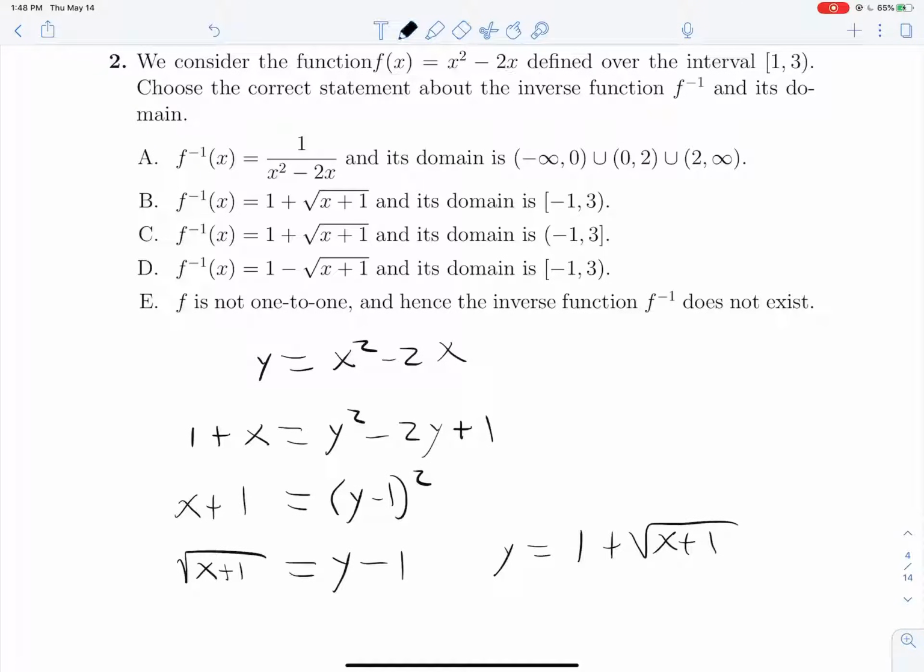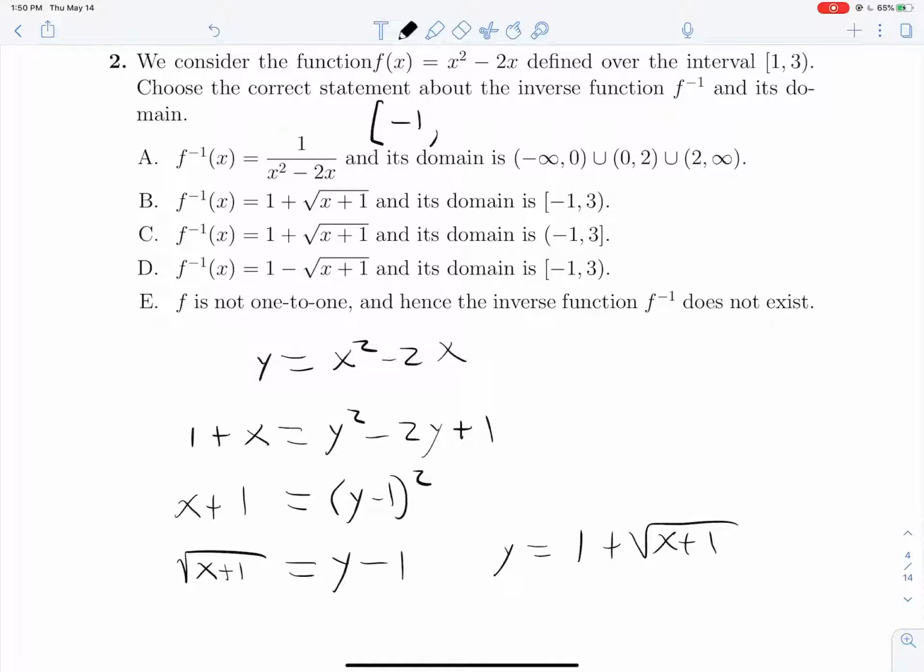And the range of our original function will be given by plugging these guys in here. So we'll have the same kind of bounds. What happens when we plug in 1? We're getting 1 squared minus 2 times 1, so that gives us negative 1, and it includes that value, right? Because 1 is included here, so whatever we get when we plug 1 in will be inclusive. So we need a square bracket.